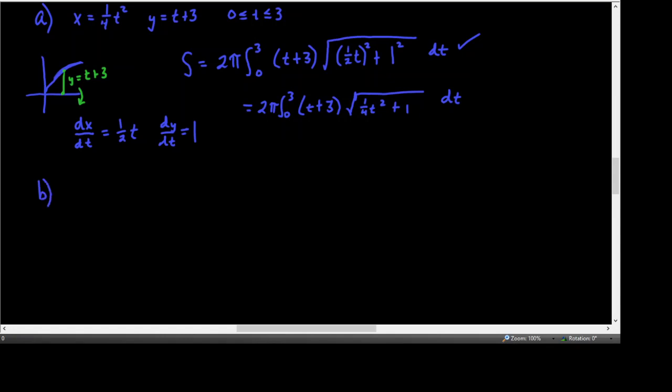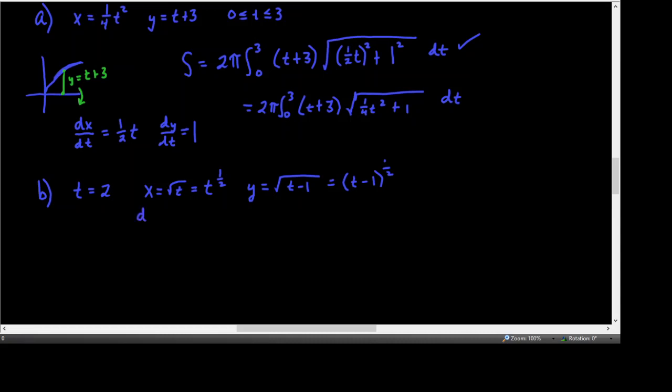Okay, let's go to part B. Find the slope and concavity at t equals 2 for the curve defined parametrically as x equals the square root of t, aka t to the 1/2, and y is the square root of t minus 1, also known as t minus 1 to the 1/2.